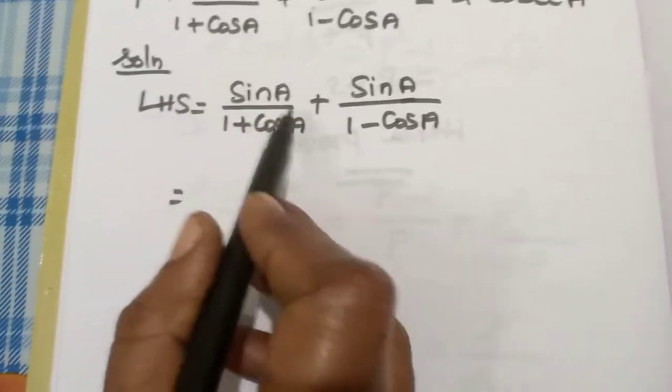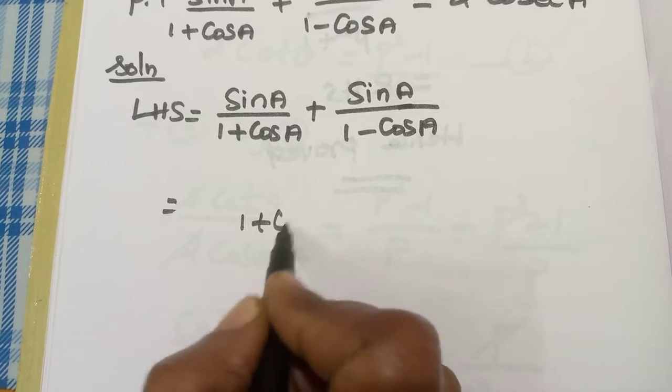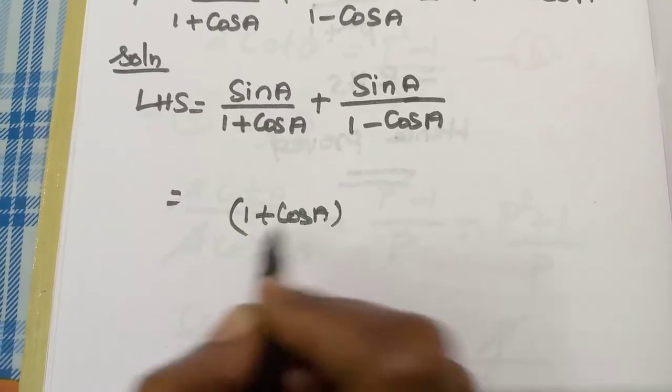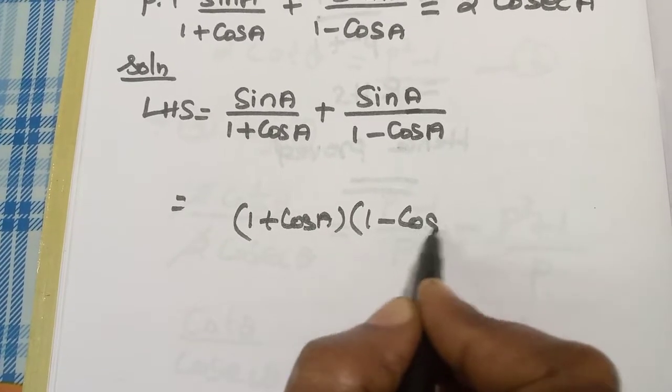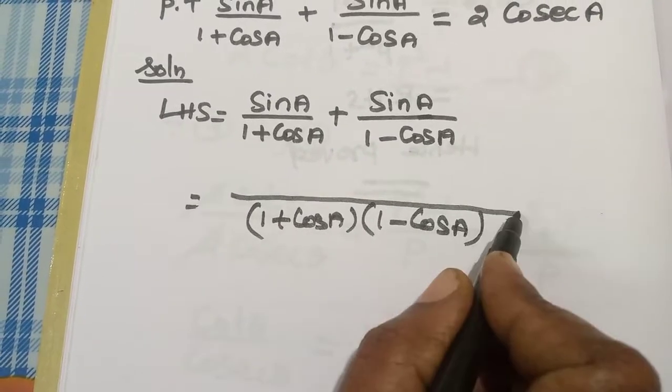What is the LCM? Multiplication of both the terms, so 1 plus cos A into 1 minus cos A. There is no common, so the numerator can be cross multiplied.